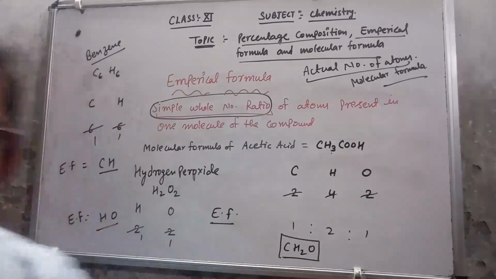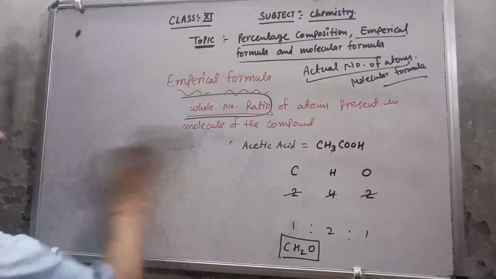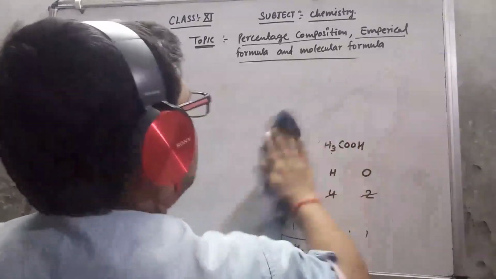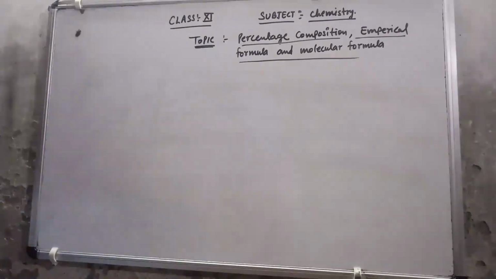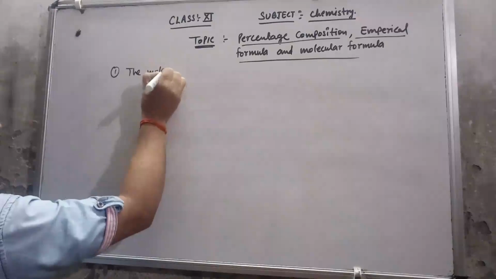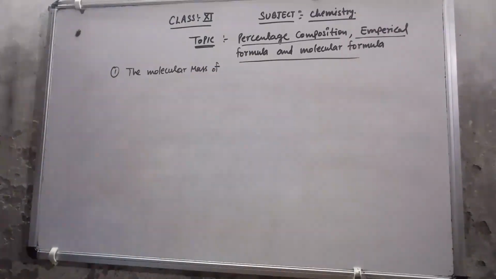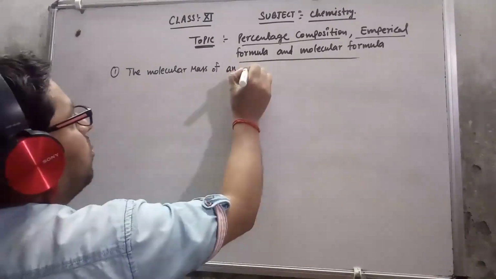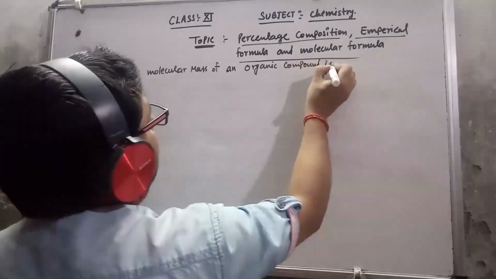Suppose there is given one question: the molecular mass of an organic compound is 78.